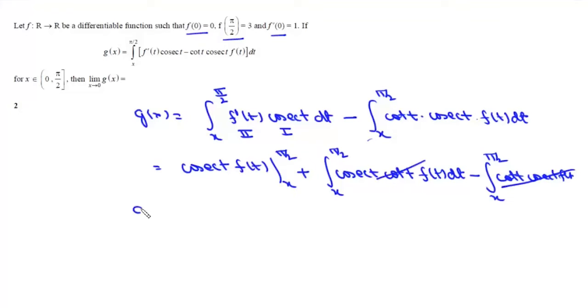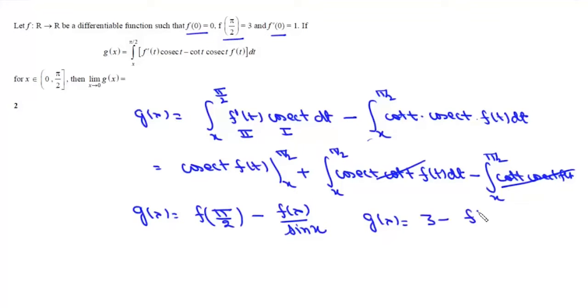So g(x) will be cosec(pi/2), which is 1, times f(pi/2), minus f(x) upon sin x.